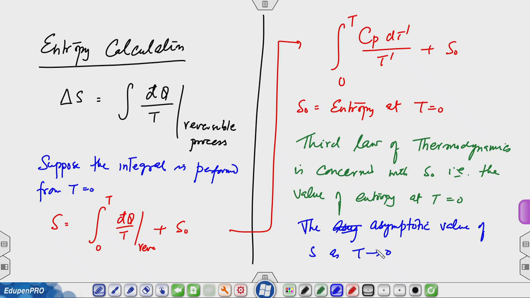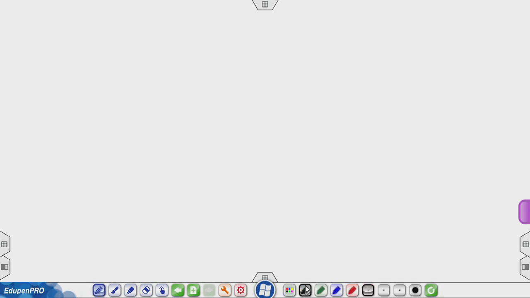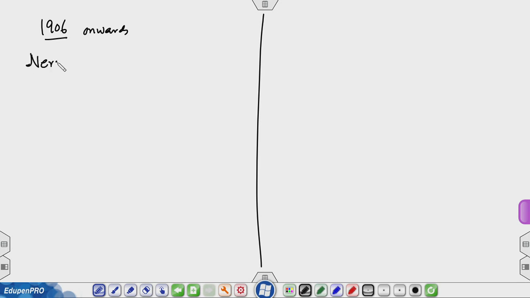So this build up to the third law starts with Nernst's theorem. So this is from 1906 onwards, and it starts with Nernst's heat theorem.